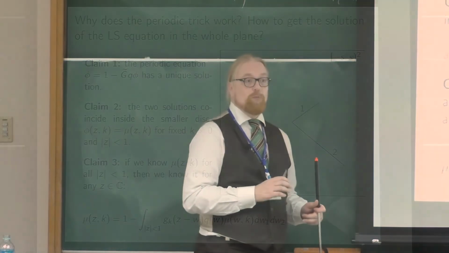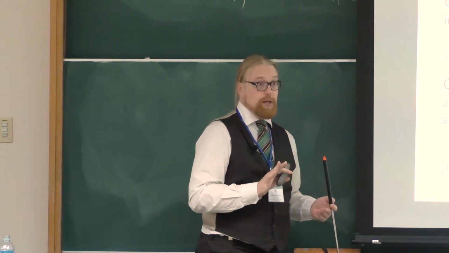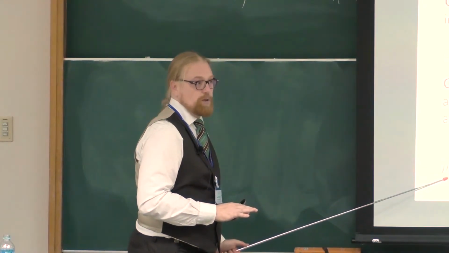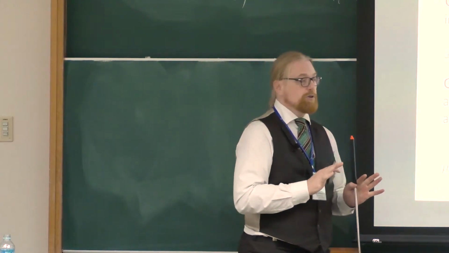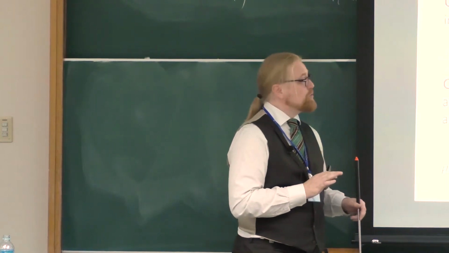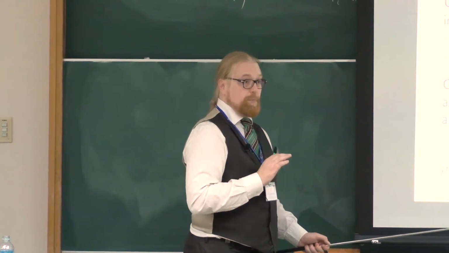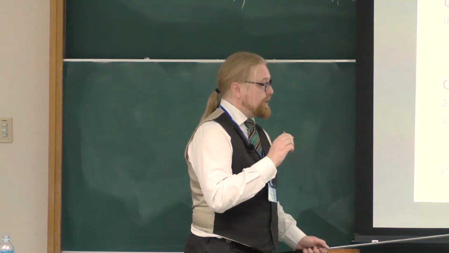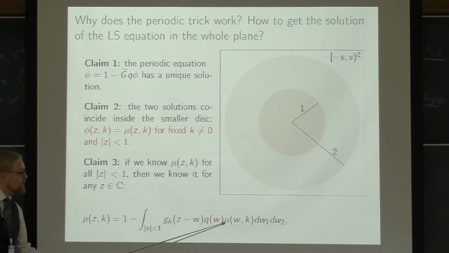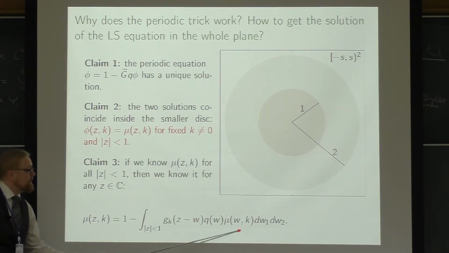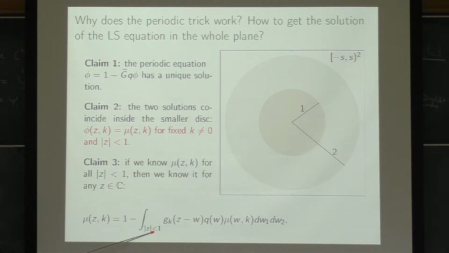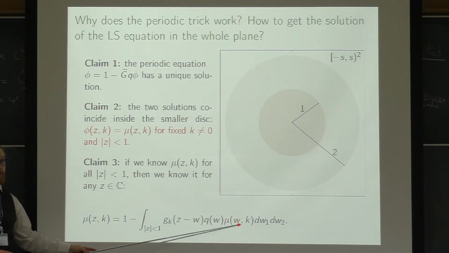And after some computations, we will see, because of uniqueness, it has to be this one. That's somehow the trick of how this goes. But the main idea really is that it's enough for us to solve the periodic equation, and when we get the solution of that one, we can put it here, because the integration is only over the unit disk. And because they coincide, we get mu everywhere, if we know the periodic solution only in the unit disk and put it here.